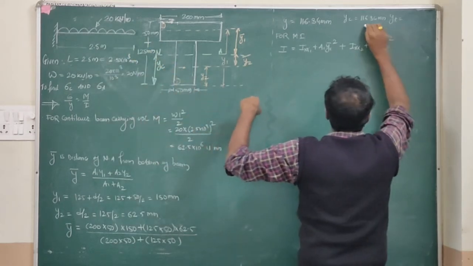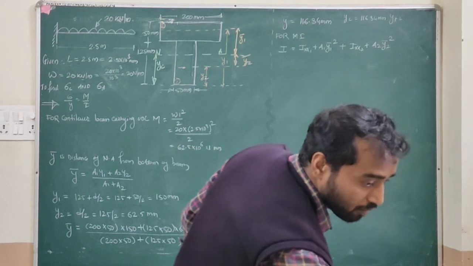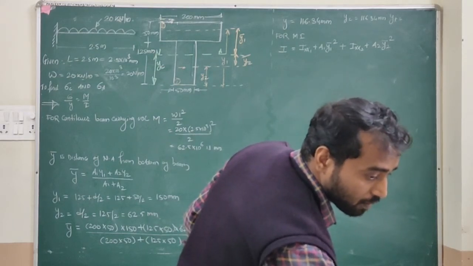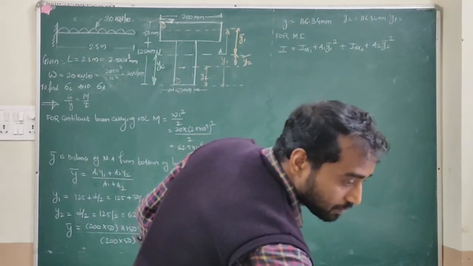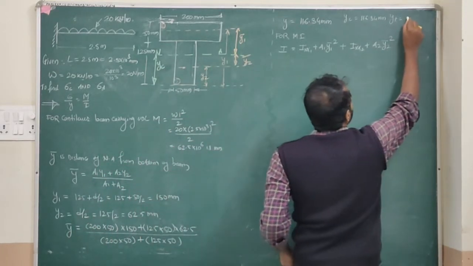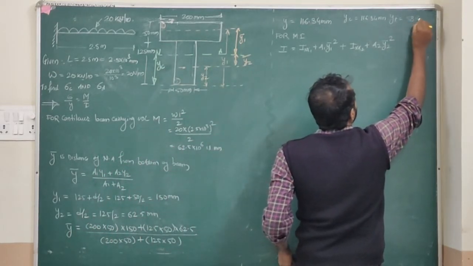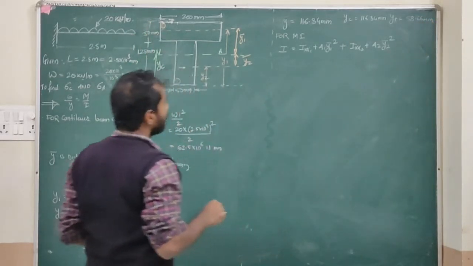So 175 minus 116.34 gives 58.66. So this will be the value for YT.